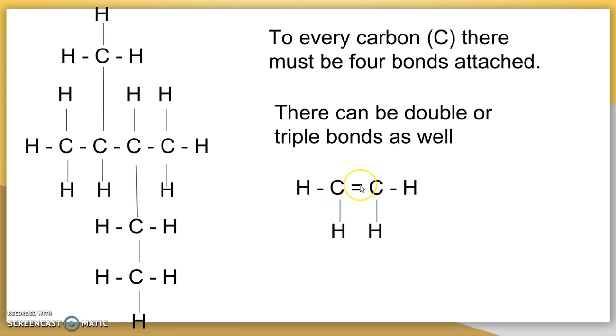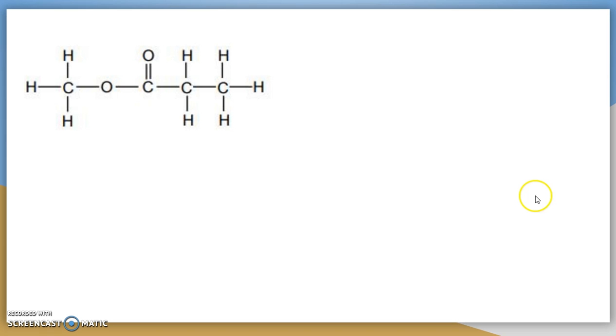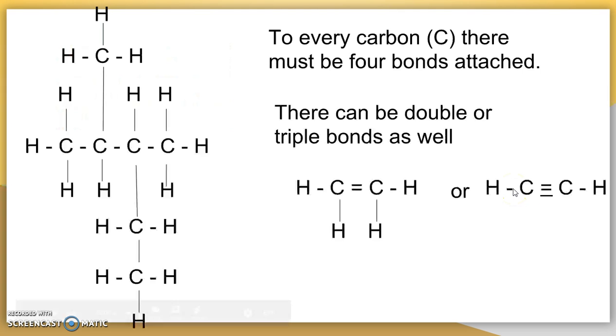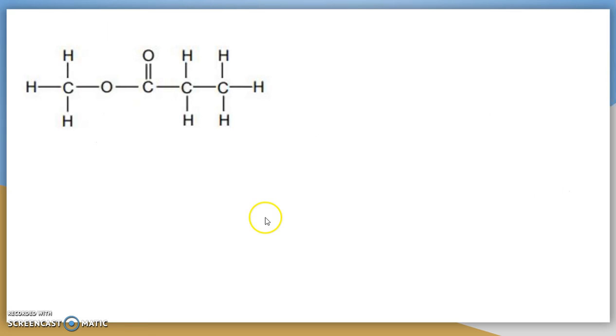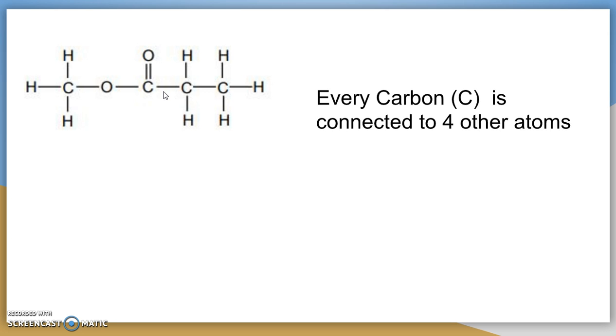But can you see in this case we have a double bond? Or we could have a triple bond, as illustrated over here. 1, 2, 3, and another one there. Okay, the next type of bond that we can have is if we have something like an oxygen that is also bonded to the carbon. Still it remains 1, 2, 3, 4, but the oxygen has a double bond.